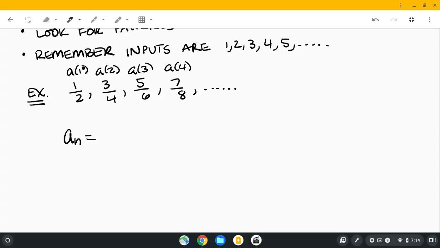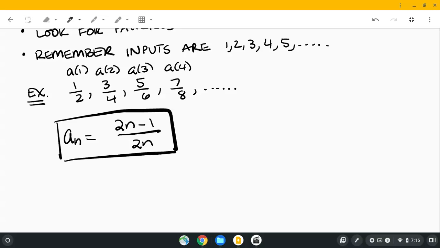So it looks like we double our inputs and subtract 1. So 2n minus 1. And then down below, it looks like we just double our inputs: 2 times 1, 2 times 2, 2 times 3, and 2 times 4. So we just double our inputs. So this here is our nth term formula.